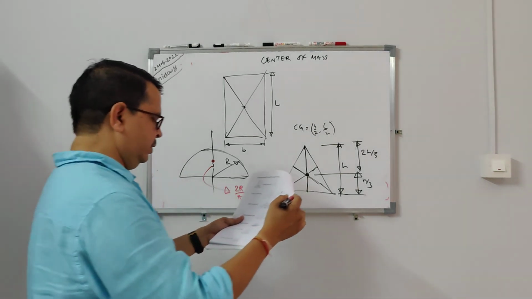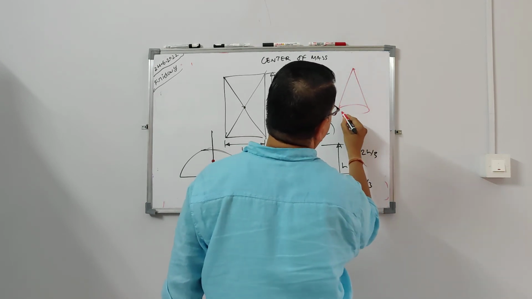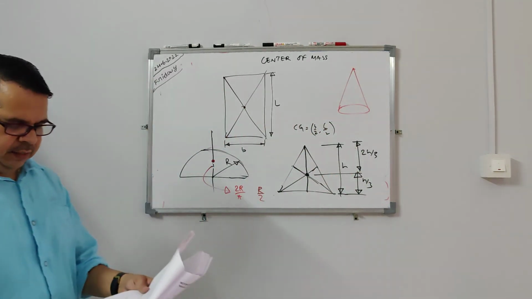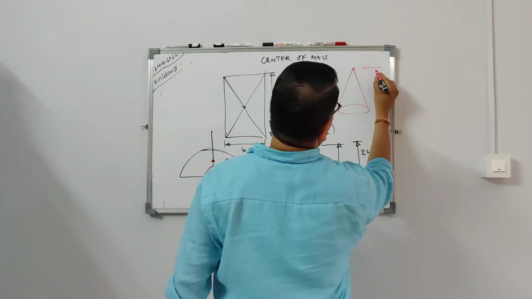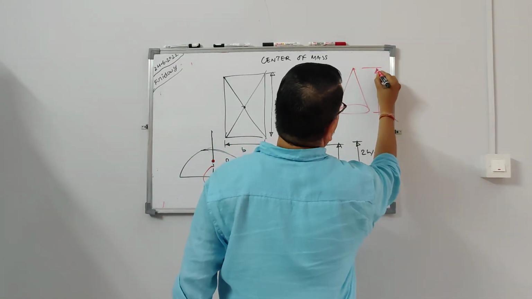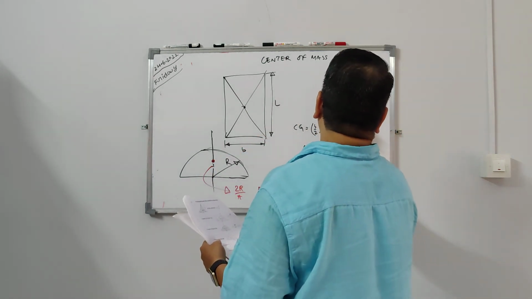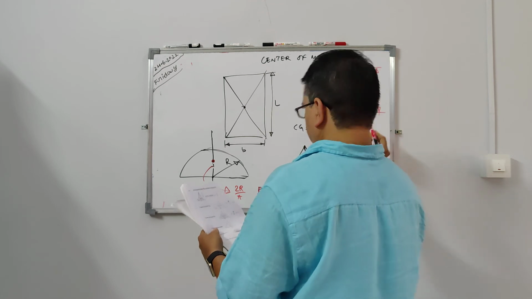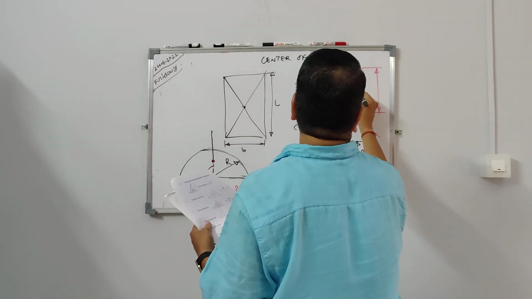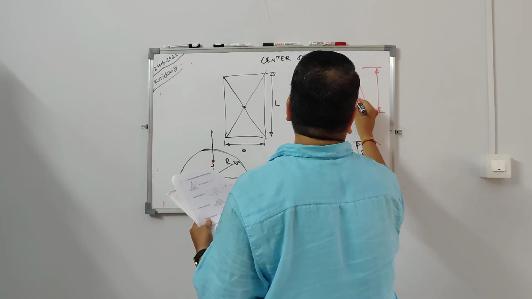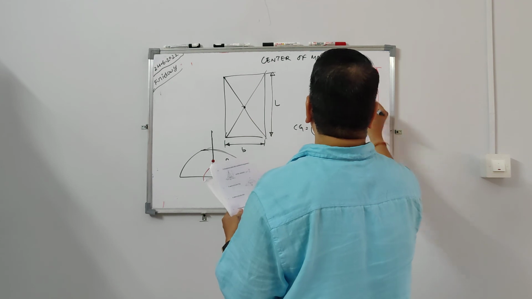So now coming to a cone. For a cone, you can refer to those. These are standard things. If you understand the concept, that is important. So this is my cone, and here will be your CG.